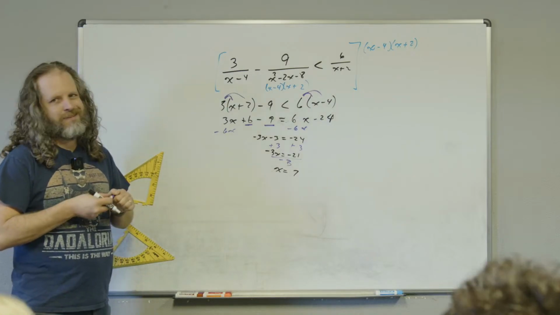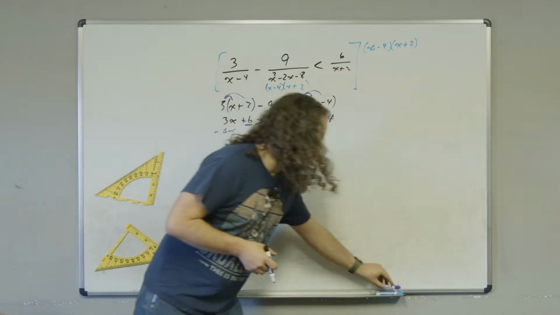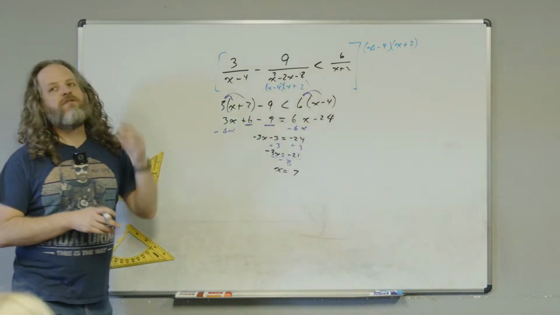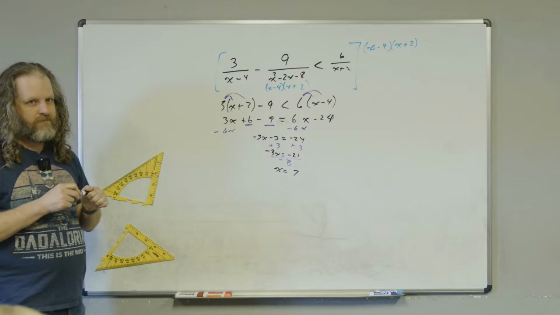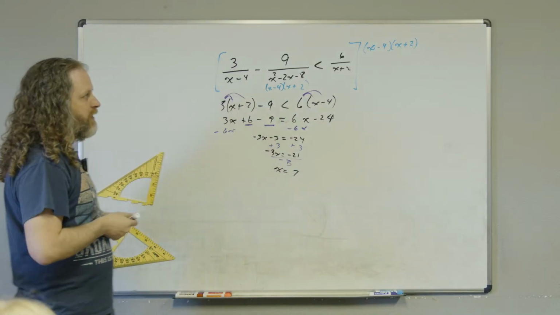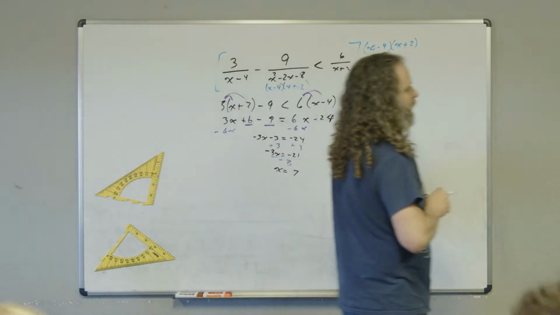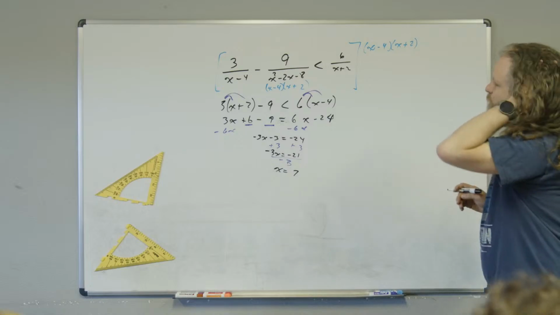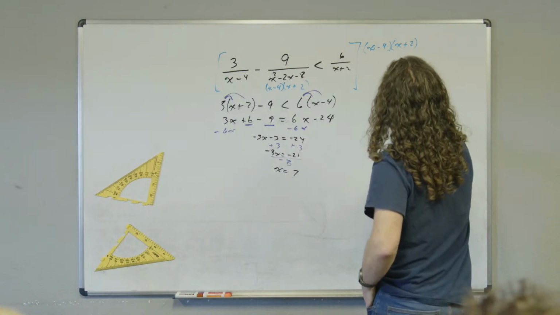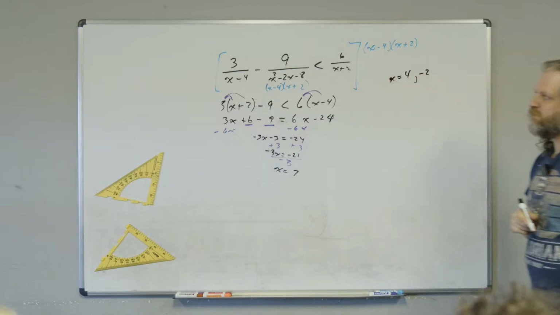It's not the answer yet, but we're going to have to check a bunch of things anyway, so we may as well write equals. Because what do we have to do next? We've got to set the common denominator equal to 0 to find our other critical points. So our other critical points are at 4 and negative 2.